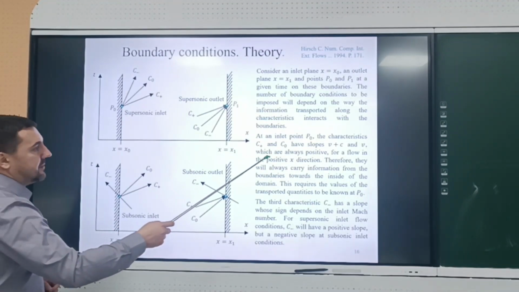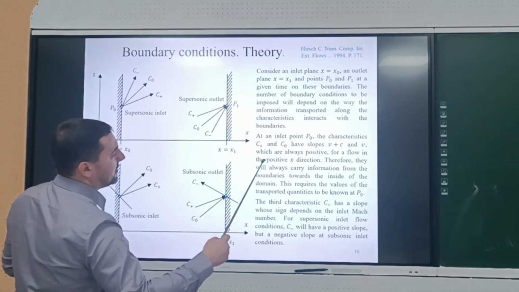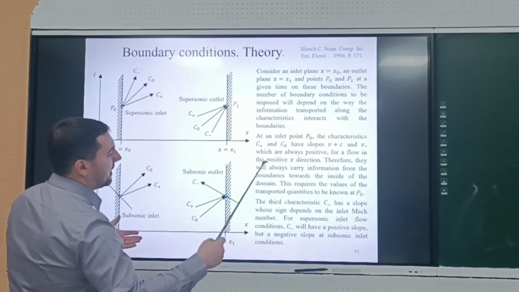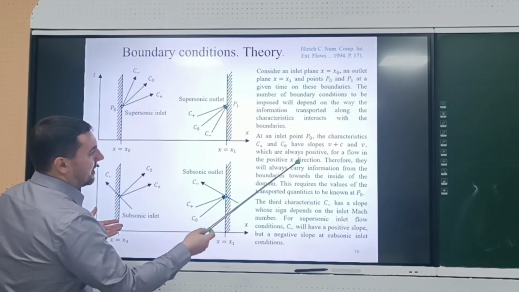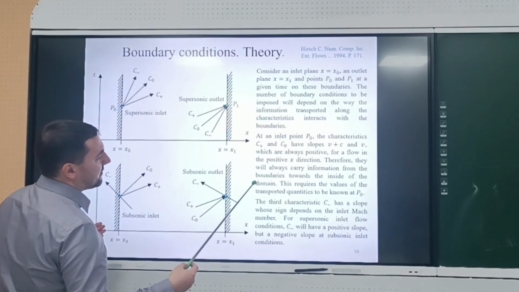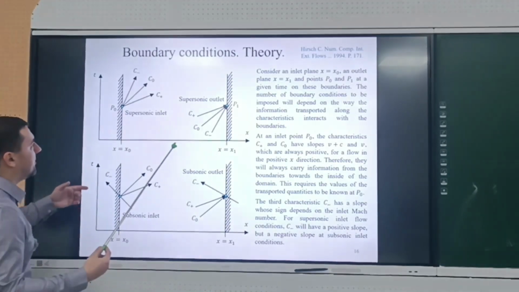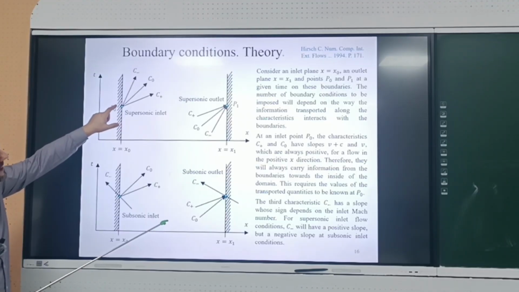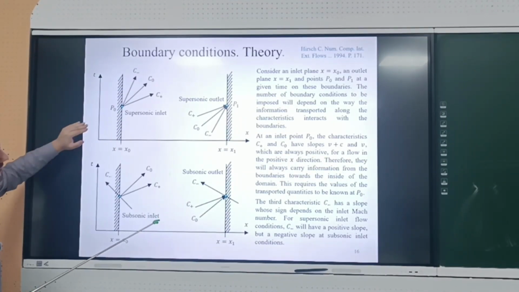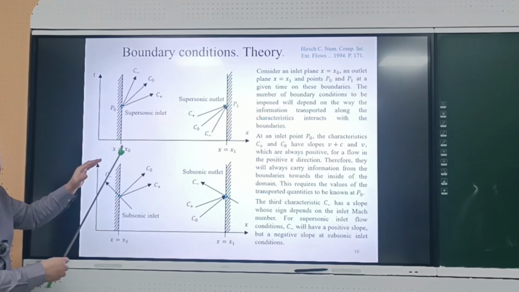At the inlet point P sub 0, the characteristics C plus and C0 have slopes V plus C and V, which are always positive for a flow in the positive x direction. That's obvious. Therefore, they will always carry information from the boundaries towards the inside of the domain. It means that these characteristics come from outside the domain, and they bring some information from outside.